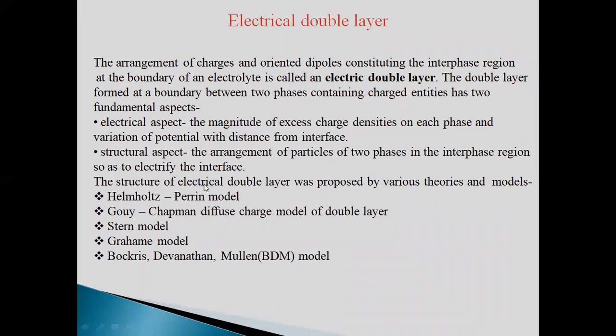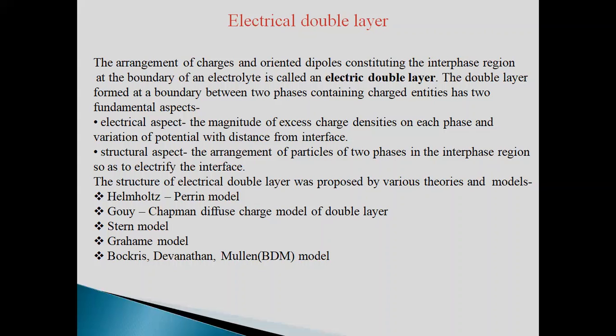In the electrical aspect, the magnitude of excess charge densities on each phase and the variation of potential with distance from the interface is determined, while the structural aspect deals with the arrangement of particles of two planes in the interface region in order to electrify it.